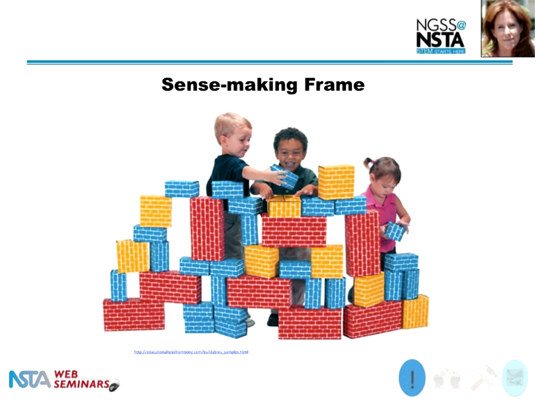This is a place where the students are really making sense. They're playing. They're trying new things. Some things may not always work, but that's okay. They think about why they didn't work, and they try it again. And they're really making sense of how to put things together.